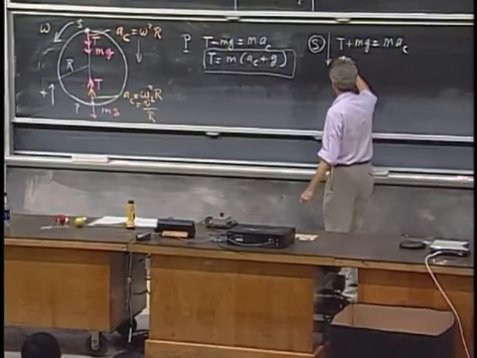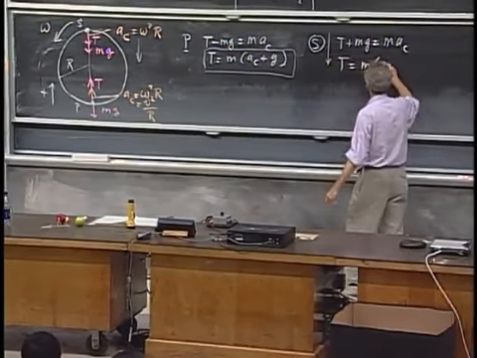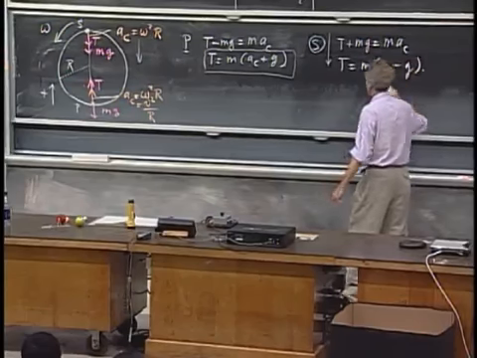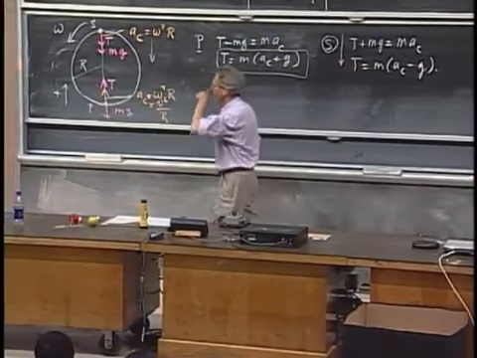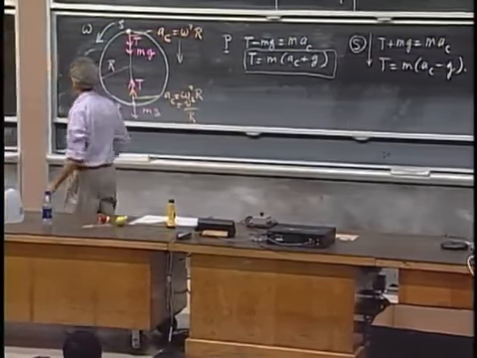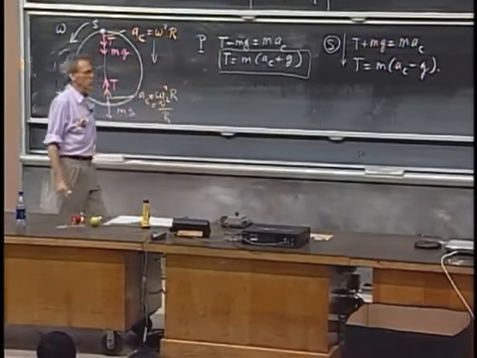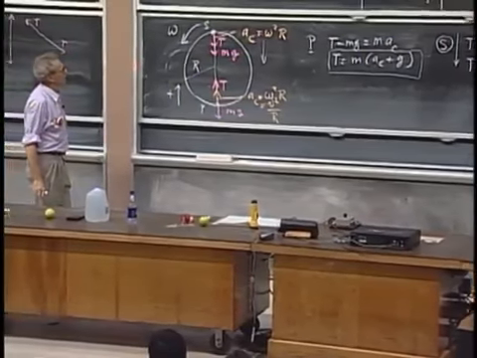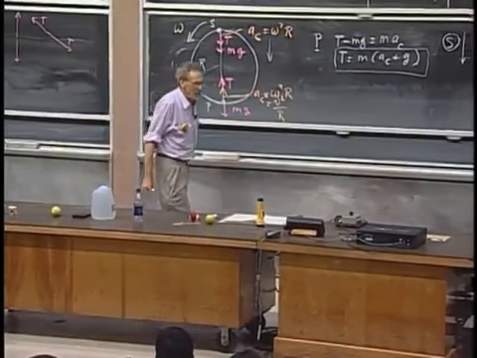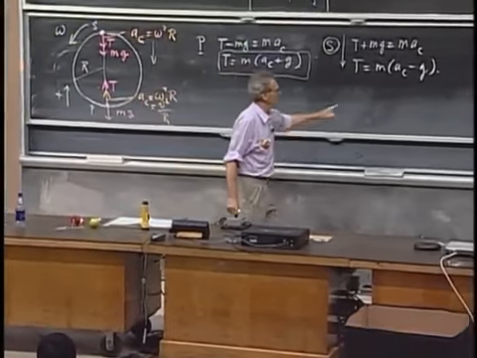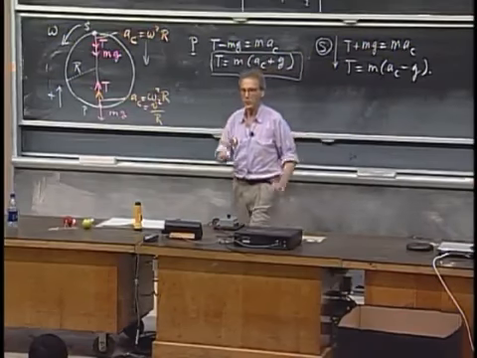So I find that the tension there equals m times a_c minus g. Hey, very similar to what I've seen before. This object is losing weight. Let us take the situation that a_c is exactly 10 meters per second squared.